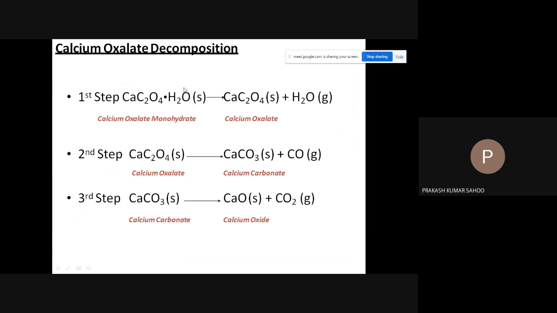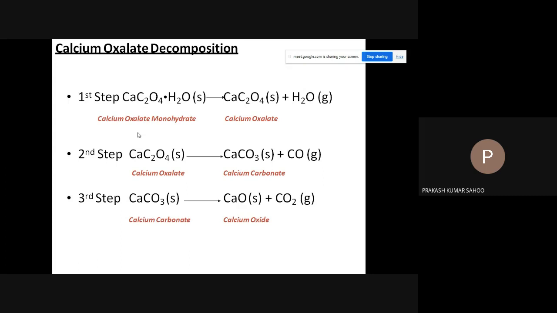Let's have an example. If calcium oxalate is decomposed, what is the formula of calcium oxalate? It is calcium oxalate monohydrate. So this is CaC2O4. What is oxalate? It is from oxalic acid. What is oxalic acid? It is just two units of COOH.